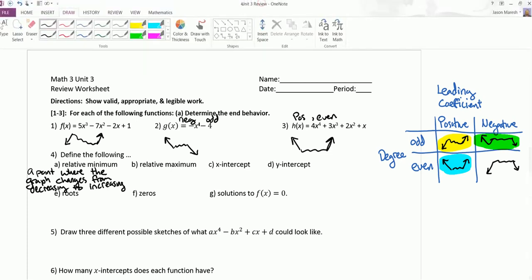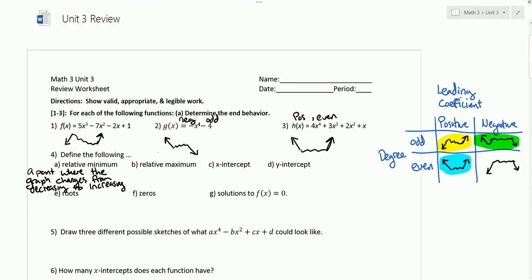Relative maximum is very similar. It's a point where it changes from increasing to decreasing.